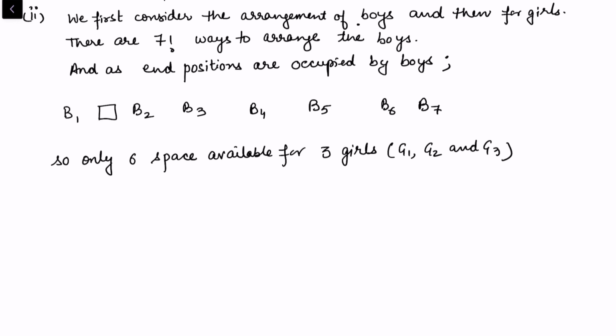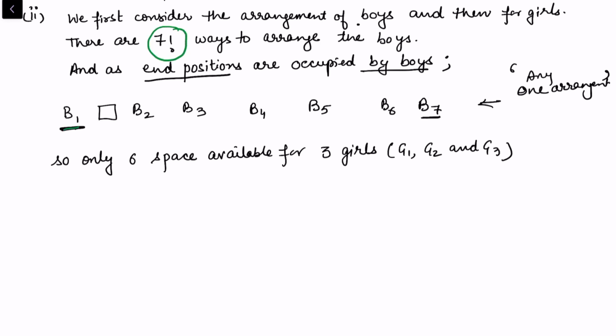It has also been said that the end positions are occupied by boys. So I am keeping a boy at the leftmost and a boy at the rightmost. So this is just one arrangement. Now if we change the ordering, if I keep B2 or B3 at the first place, the total number of choices in that case is 7 factorial.